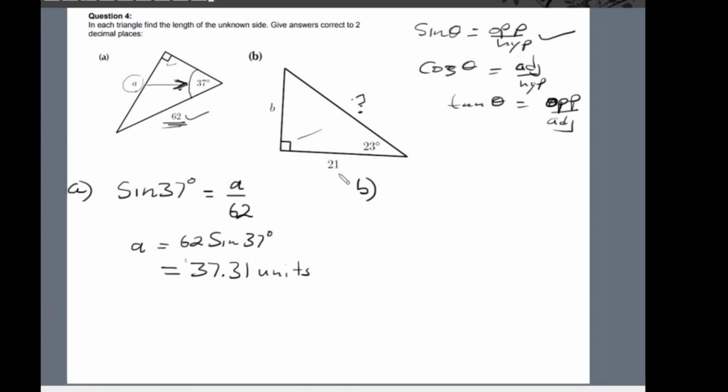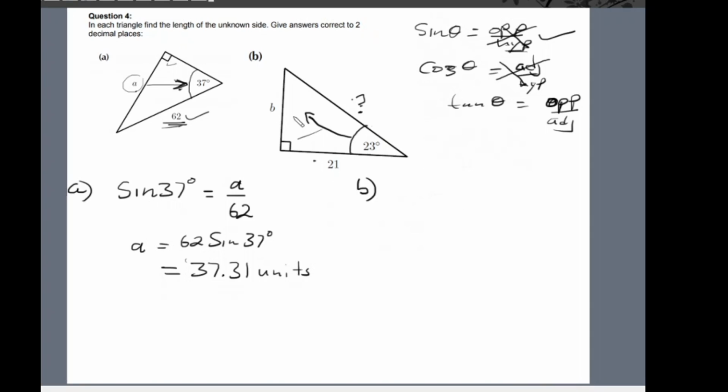So because we are not given the hypotenuse, immediately I know what I cannot use: cos and I cannot use sine. We are given this angle, which is 23 degrees. The opposite side is b units, the adjacent side is 21 units.